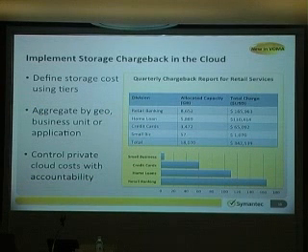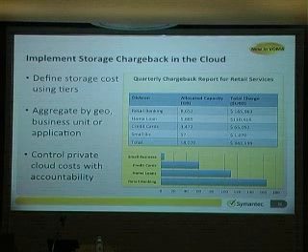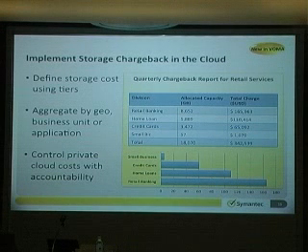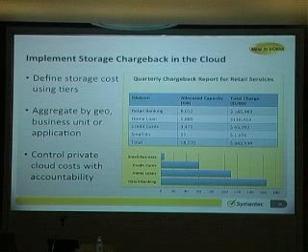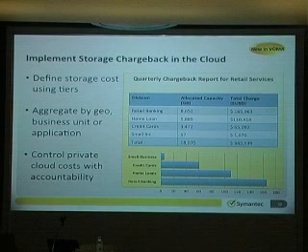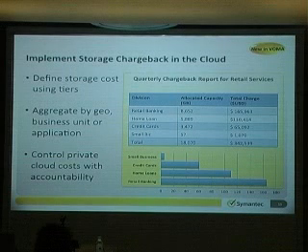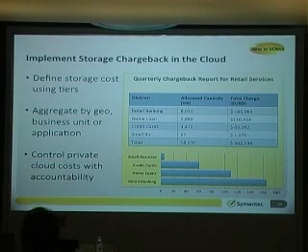Chargeback. This morning I mentioned you can manage chargeback automatically. You can generate reports. Firstly, you will need to create different storage tiers. Once you create different storage tiers, you can assign a cost to it. For example, class A, like I mentioned this morning, may be RAID 10 with replication and snapshots.